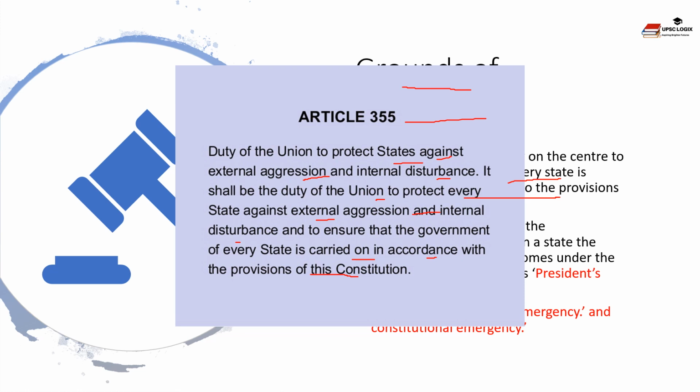So what it means, that the power or the protection of the states lies with the Union or the center, and it is the duty of the Union to protect all the states from external aggression and internal disturbance. And they have to ensure that the government of every state is carried on in accordance with the provisions of this Constitution.